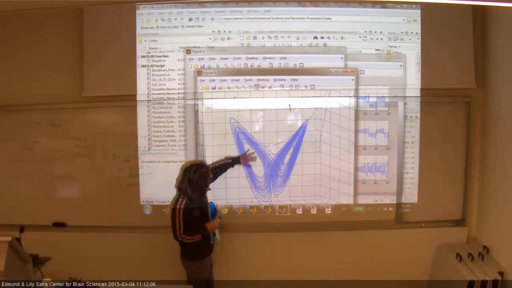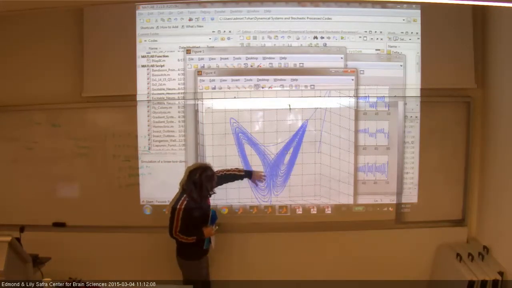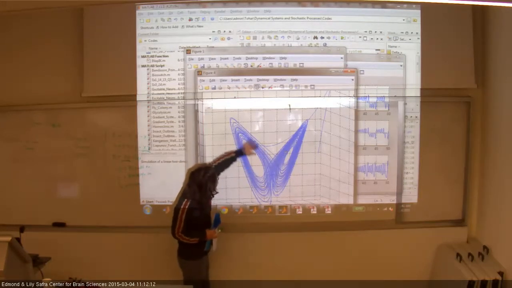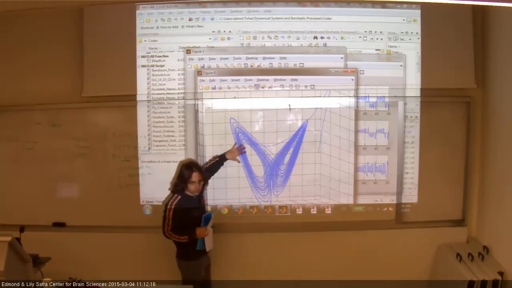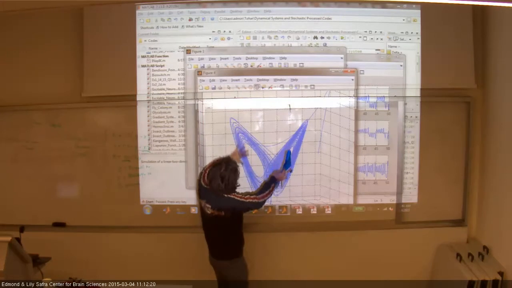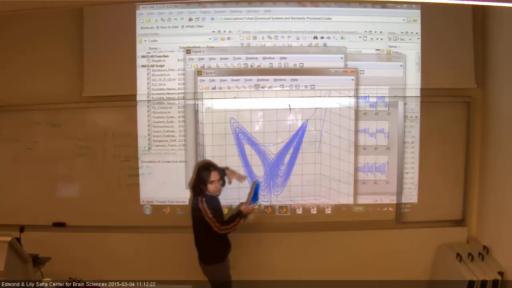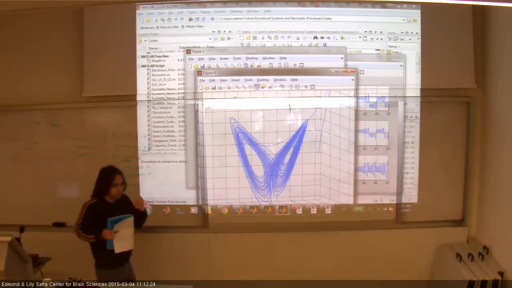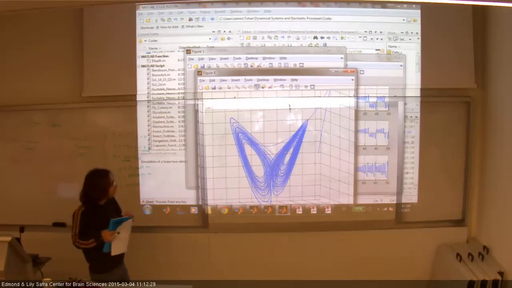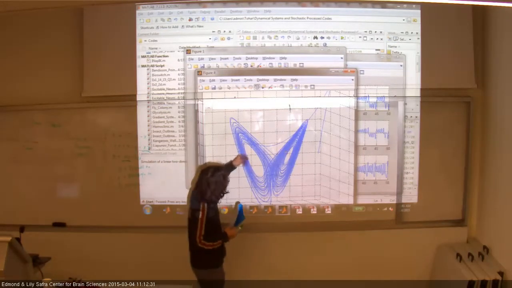What we have here is a plane, let's call it a plane for now, where the system oscillates. It's a kind of double curved plane that the system goes into. And this is called an attractor.